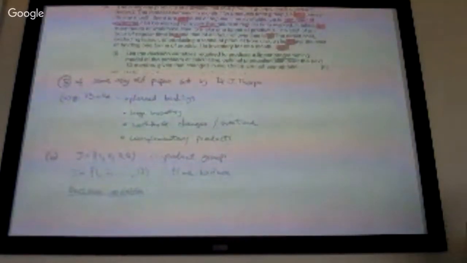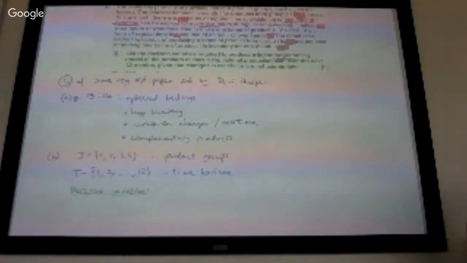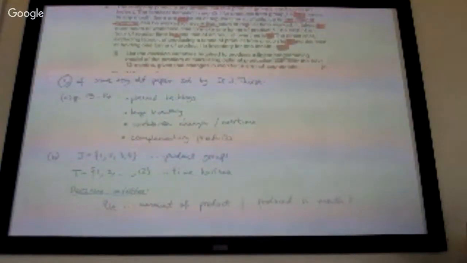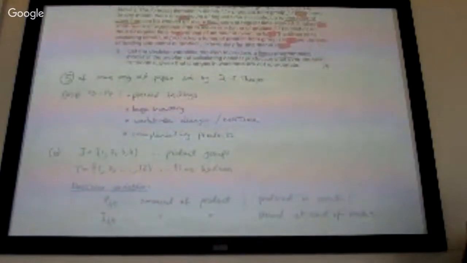So the decision variables: BJT, the amount of product group J produced in month T, and IJT, the amount stored at the end of month T. See, yeah, sorry, trying to find it in the question. The last line.